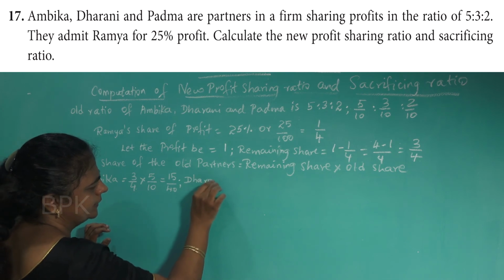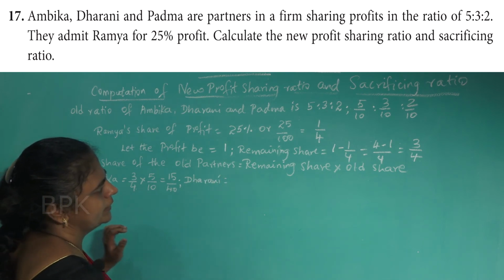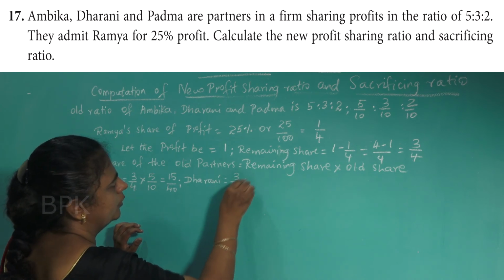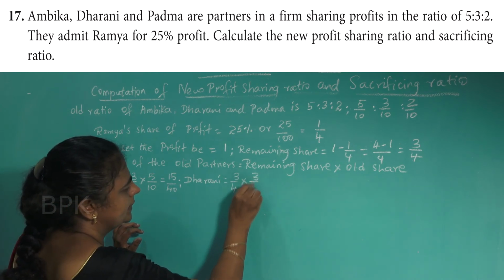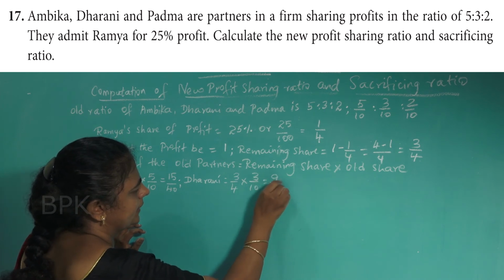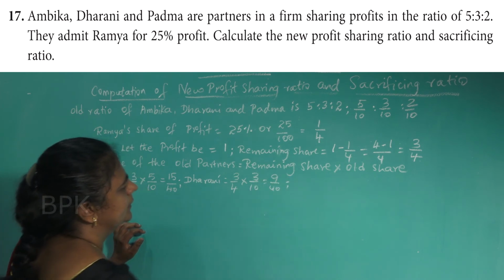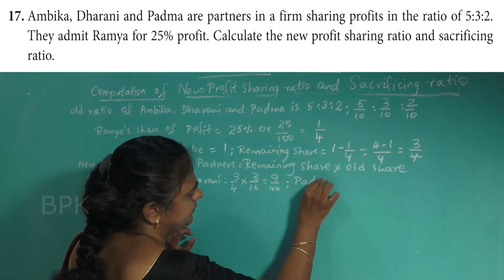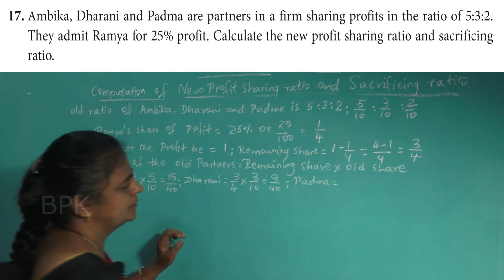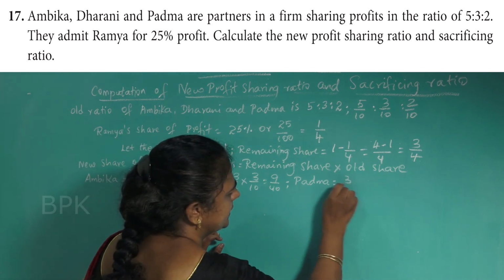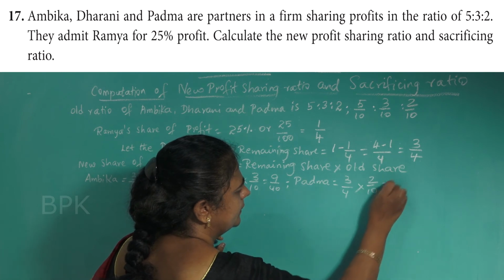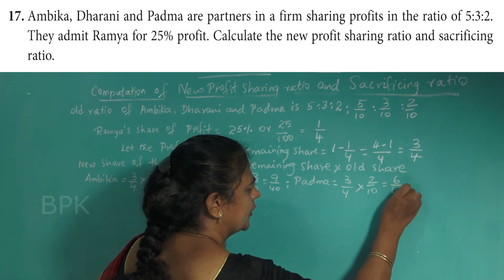For Dharani, the remaining share is 3 by 4. Old share is 3 by 10. That will give 9 by 40. Next to find for Padma. Padma, remaining share is 3 by 4. Old share is 2 by 10. So that will give 6 by 40.